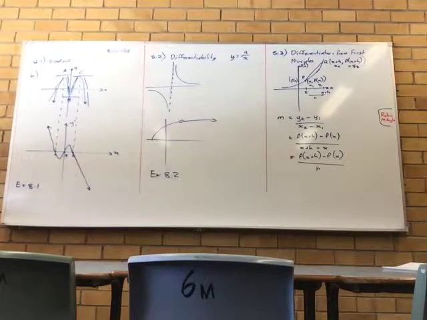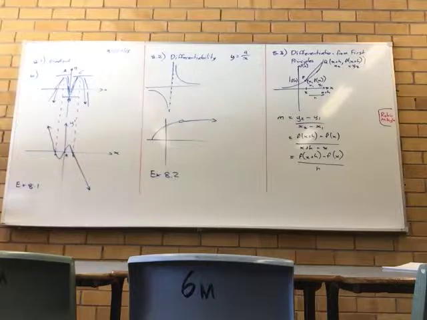So what does the value of h have to be in order to change that secant to a tangent at the point P?